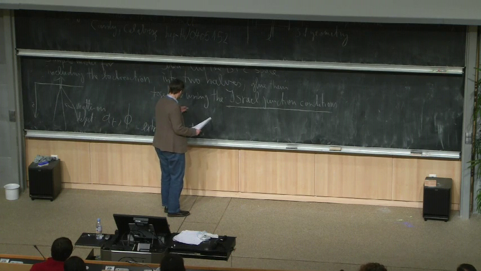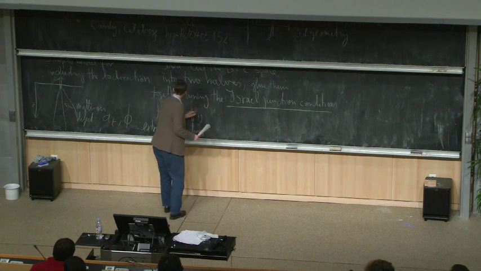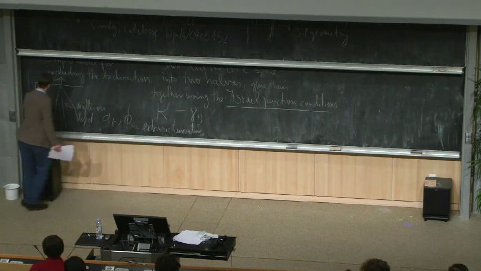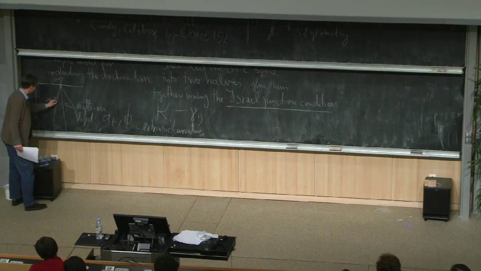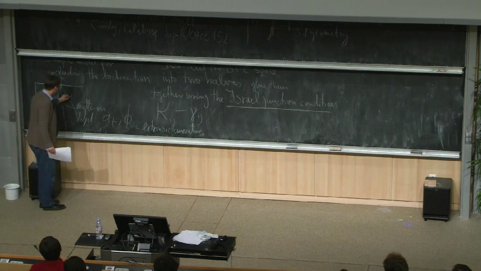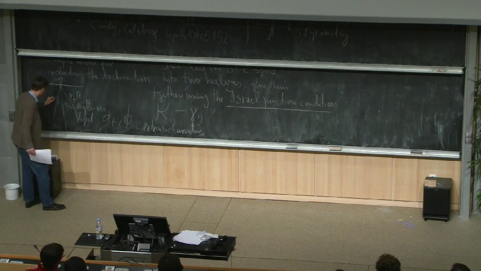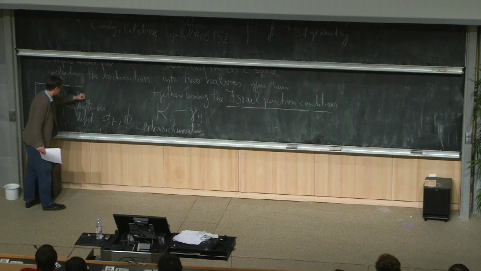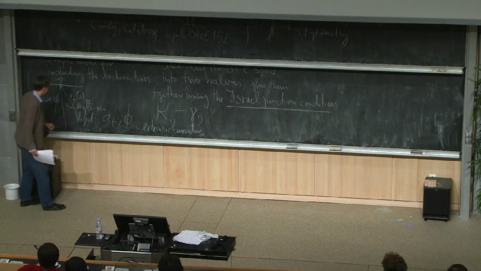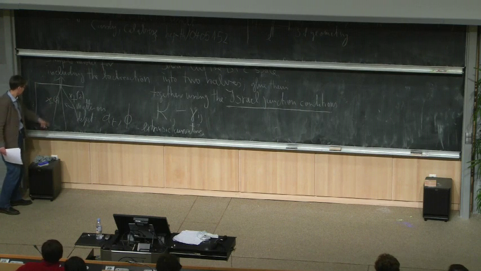And then we have the induced metric. We will call this x minus of z, and this is x plus of z, of course. These are the two directions.